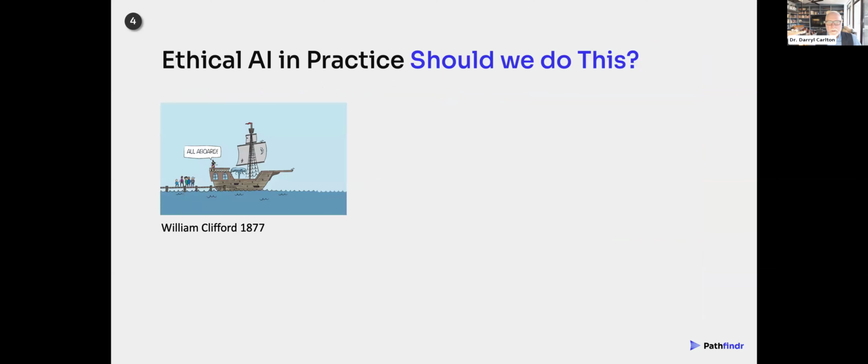Now, ethical AI in practice. What comes about here is, just because we can do something, should we do it? William Clifford was a mathematician and philosopher in England. And in 1877, he gave a presentation to the Royal Society. And he upended centuries of common thought.